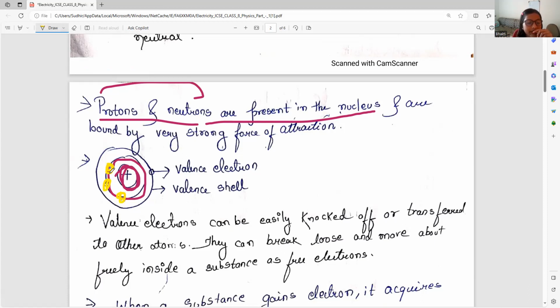This nucleus will attract those electrons, but it won't be able to attract this electron because it is a valence electron. Valence electrons can be knocked off or transferred from one material to another. They are free to move, they are not fixed in place, and they are on the outside, farther from the nucleus. Now you will think that an atom is such a small unit.